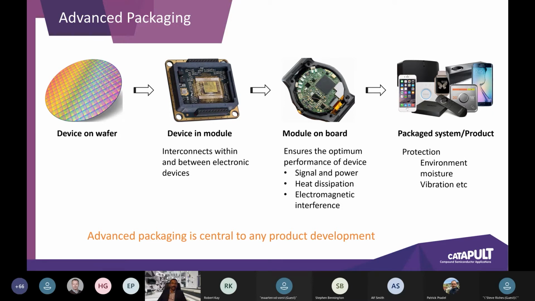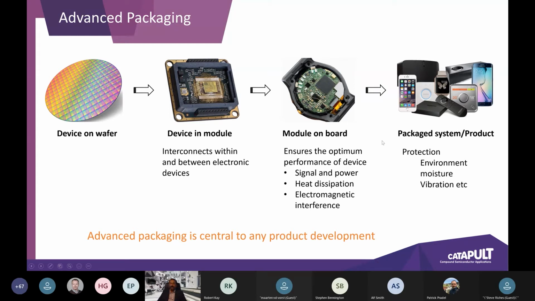That includes both signal and power integrity. We should have enough heat dissipation path. That means some of the components may be heating up during the operation. The heat needs to be taken out quickly and efficiently. And moreover, it needs to be protected from electromagnetic interference.